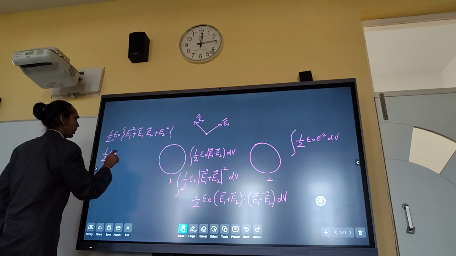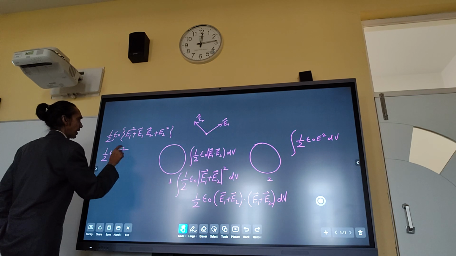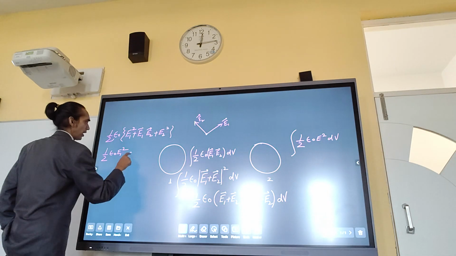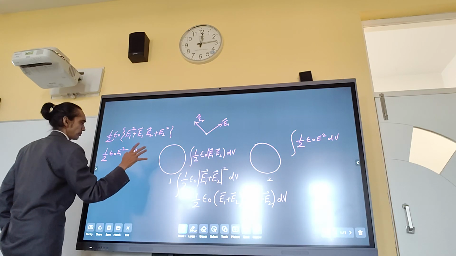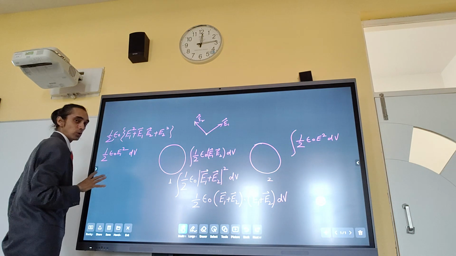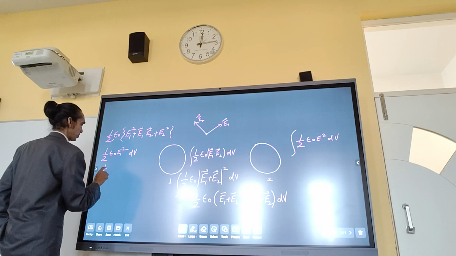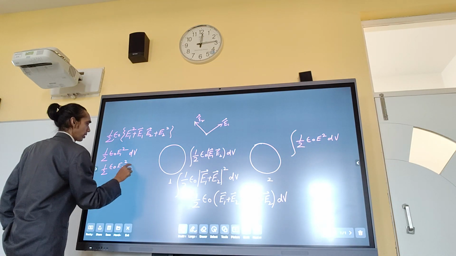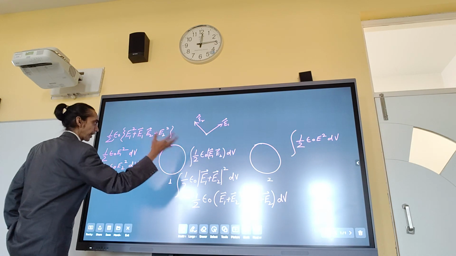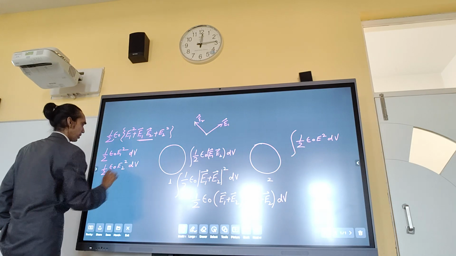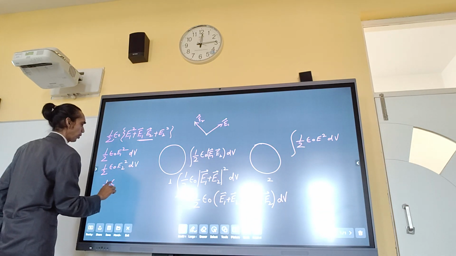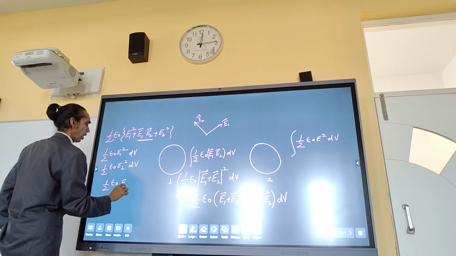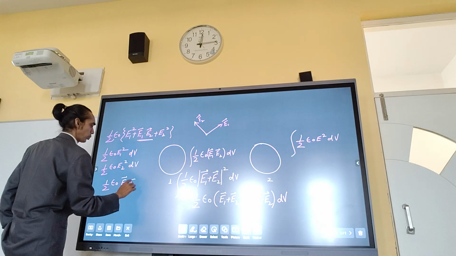First one is half epsilon naught E1 square. This, when integrated over the volume of sphere 1, gets me the self energy. Similarly, half epsilon naught E2 square will get me the self energy of the second one. Now, what is this factor, which reads half epsilon naught E1 dot E2?